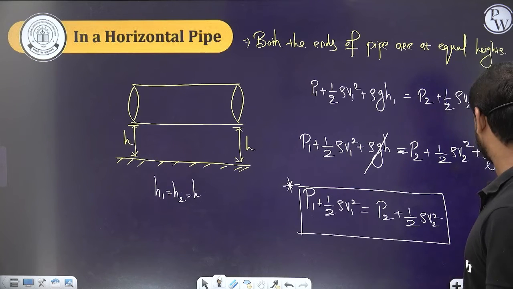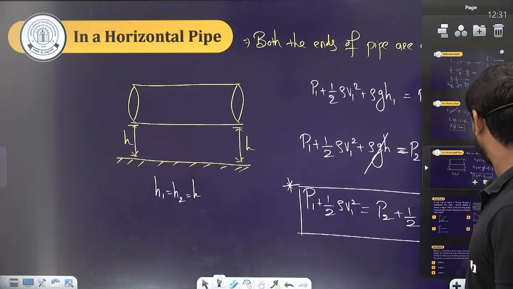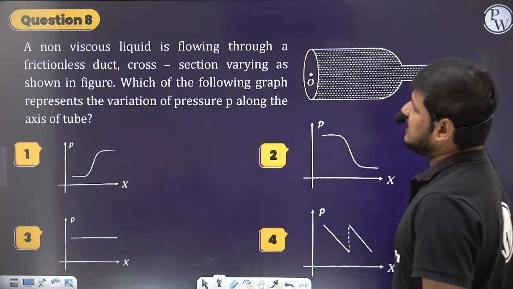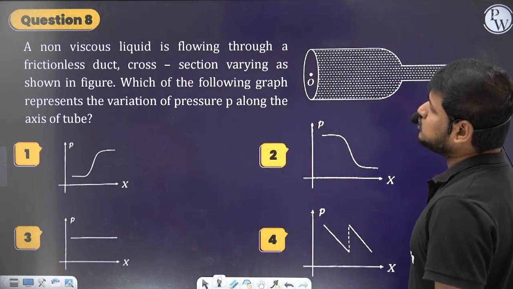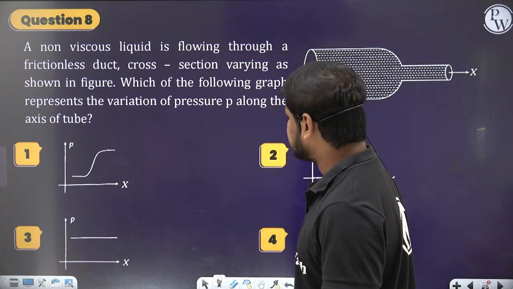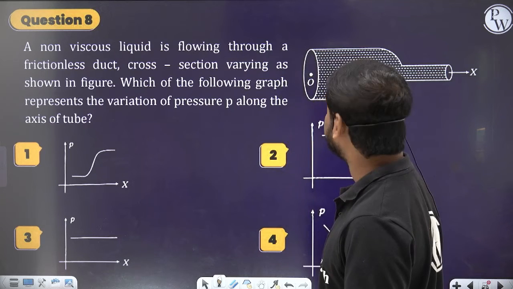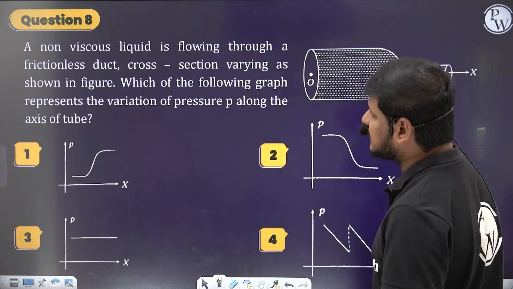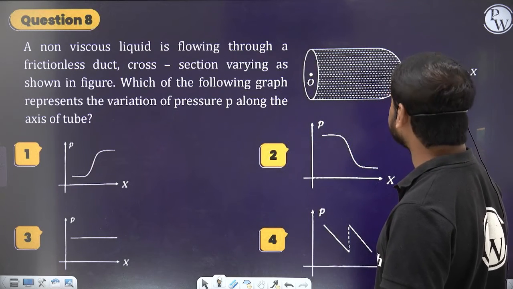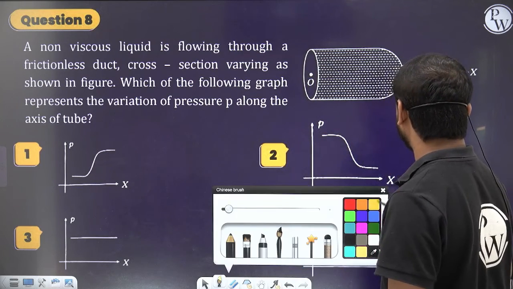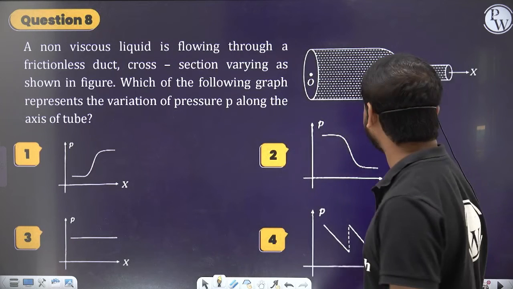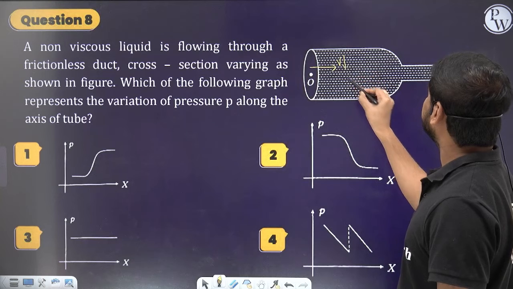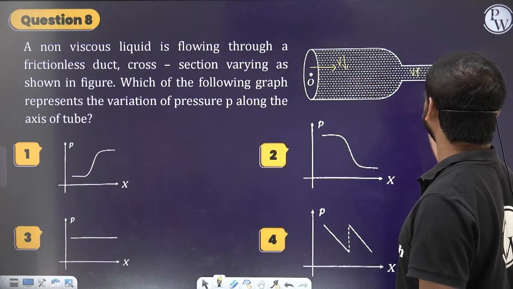So this part is also done. Next we have some questions. A non-viscous liquid is flowing through a frictionless duct whose cross section varies as shown in the figure. Which of the following represents the variation of pressure along the axis of the tube? Here the velocity is going to be less, and here the velocity is more, right?